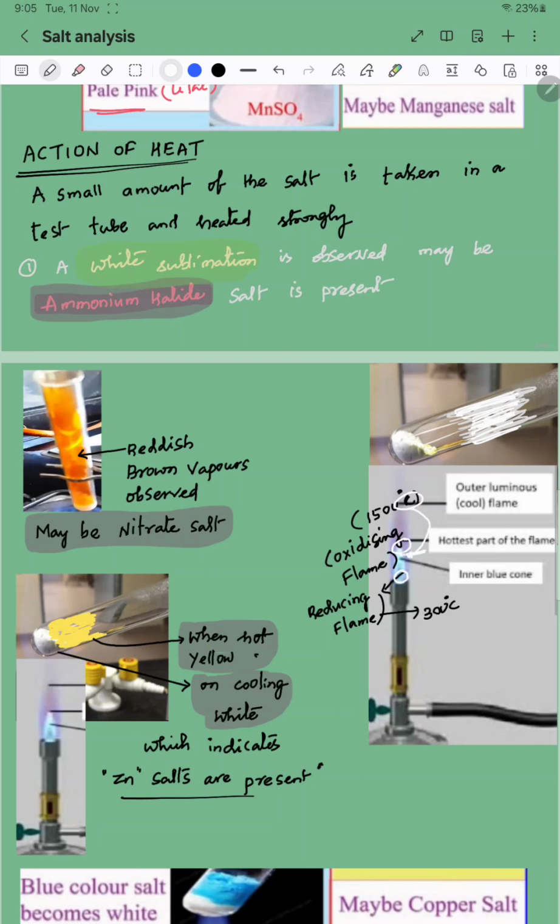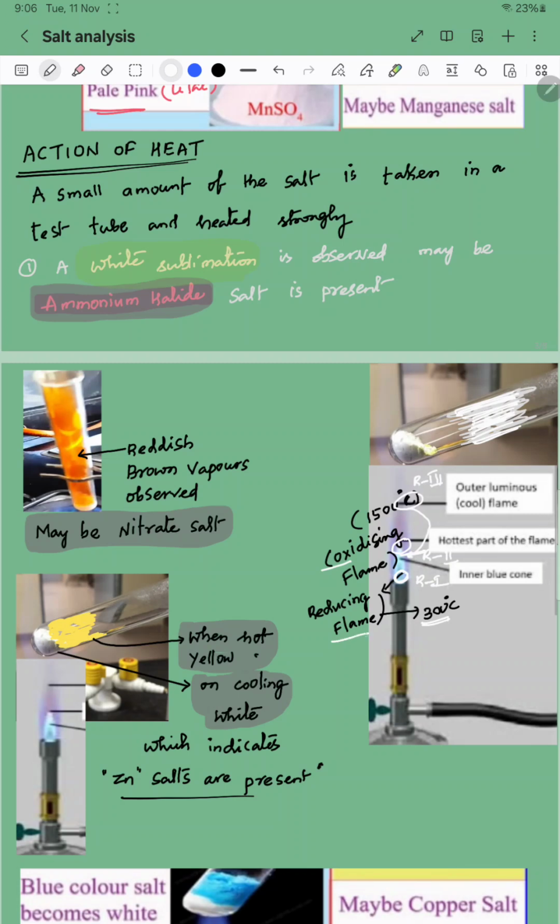This hottest part of the flame is the oxidizing flame, and the part below it, region 1, is different. The hottest flame is region 2, and the one above is region 3. Region 1 temperature will be 300 degrees.